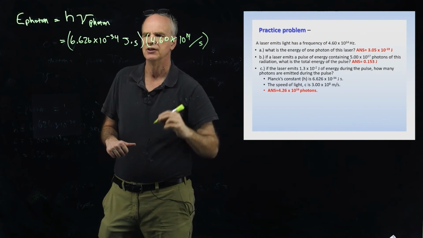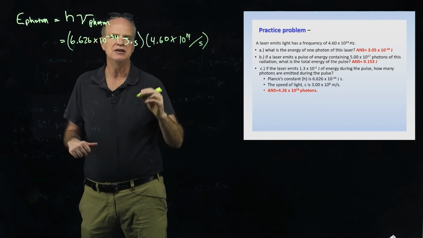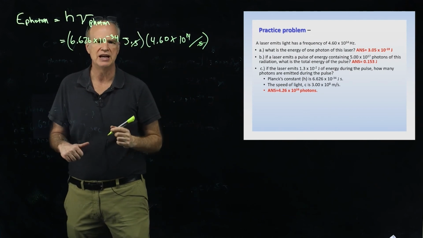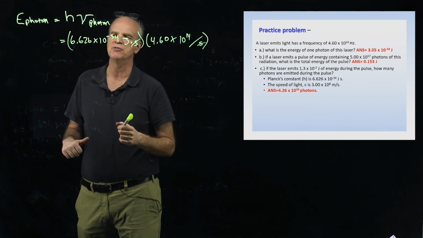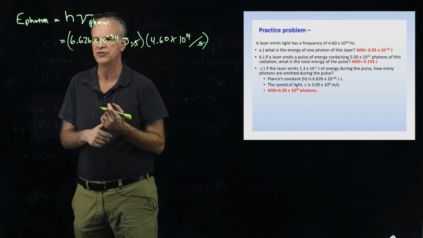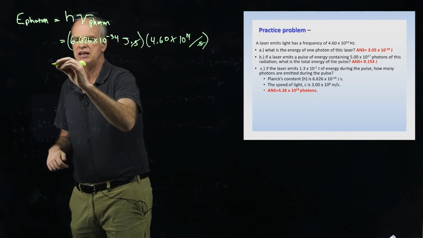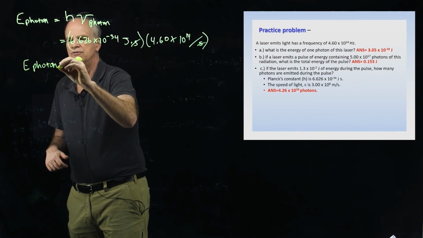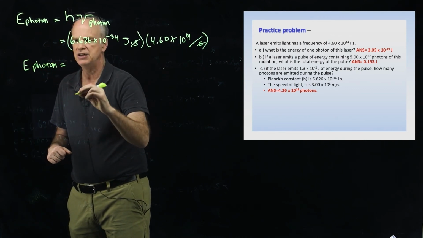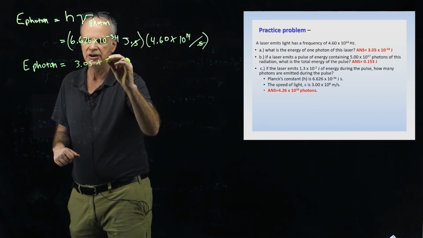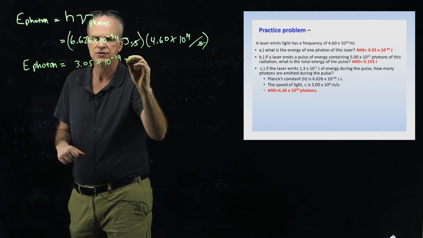And so what you can see is that the seconds will cancel out, and we should be left with an answer in joules. If you take 6.626 times 10 to the negative 34 and multiply it by 4.60 times 10 to the 14, you should get the energy of the photon. So the energy for one photon is going to be 3.05 times 10 to the negative 19 joules.